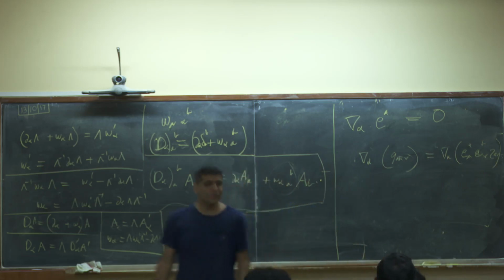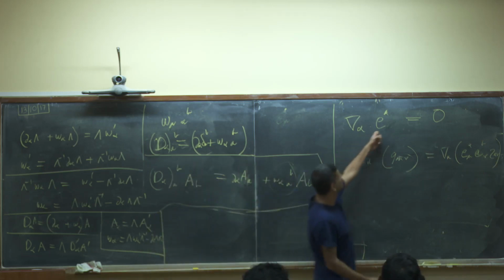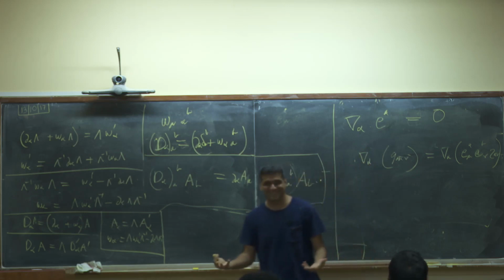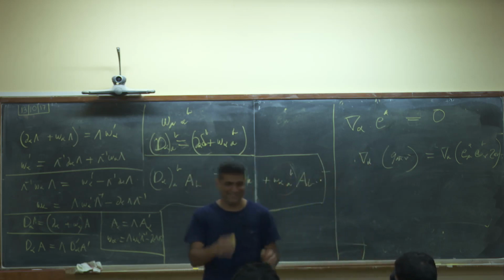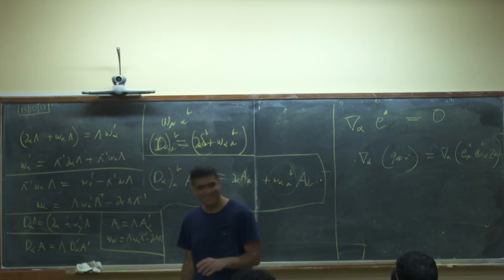Okay, you can convince yourself that if this is true, the same must be true of its inverse. It's obvious, because you use the equation that this tensor's inverse is equal to. Can everyone see that? Should I do it?